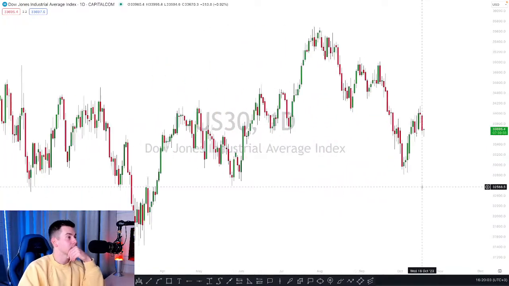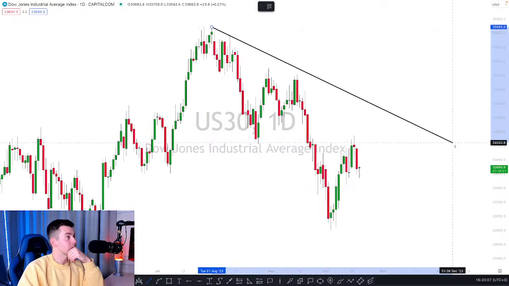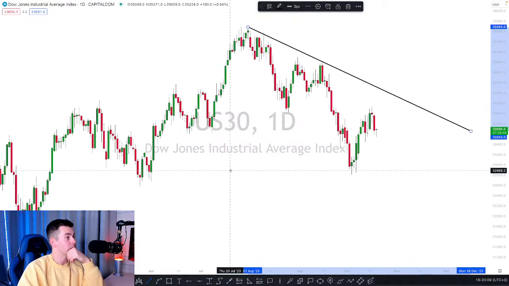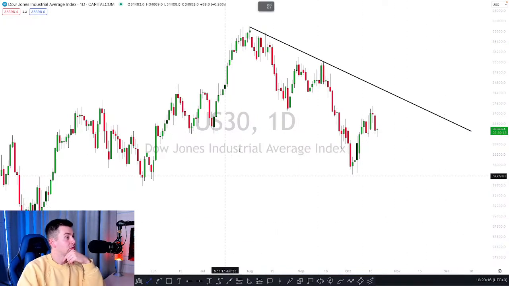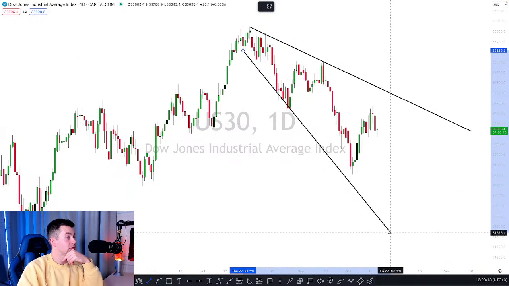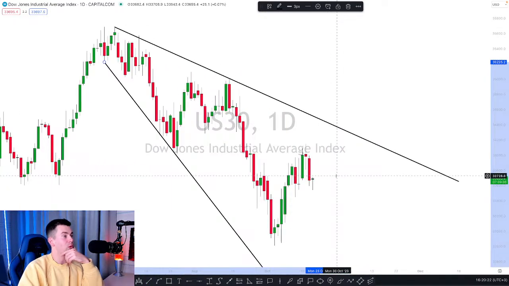US 30 index, very interesting. So first, the trend line. Is it a valid one? Probably not really valid here. I guess we would call that an expanding wedge. So within that expanding wedge, we are currently trading.